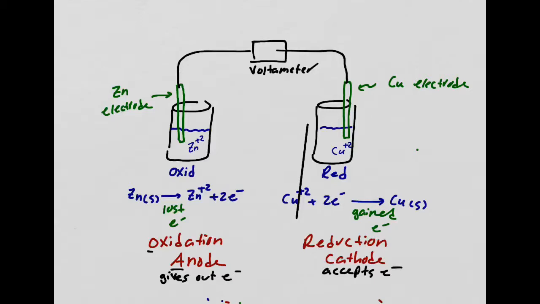Again, oxidation is going to give electrons and reduction is going to get them. So electrons will always flow from anode to cathode. So far, so good. Okay. So again, you can see over here that we have a flow of electrons from anode to cathode, and then we have a voltmeter that can measure that.